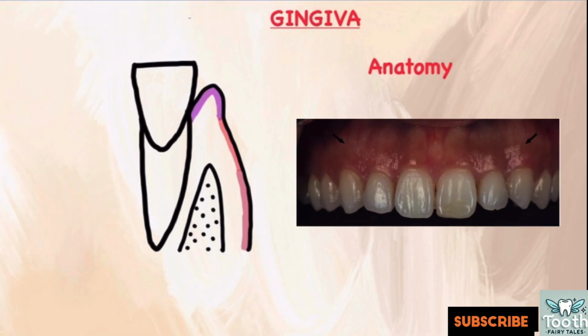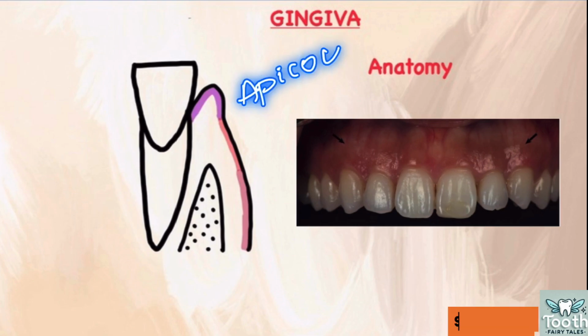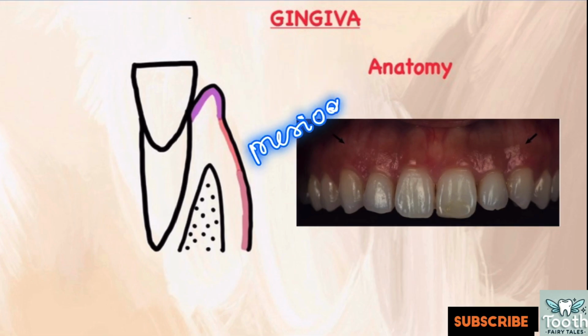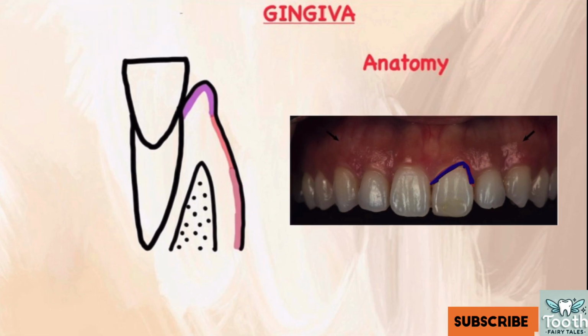Let us understand the measurements of gingival zenith. Gingival zenith can be measured in two ways: apicocoronal measurements, that is vertical dimension, and mesiodistal dimension. Apicocoronal dimension measures the vertical position of the gingival zenith relative to the gingival margin.